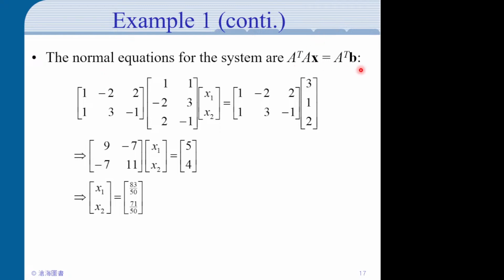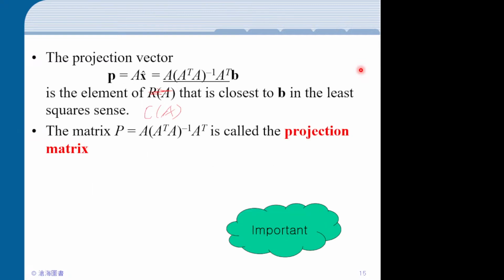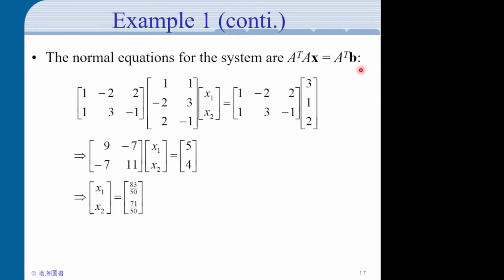A way to memorize this is to think that it is just Ax = b, but you multiply Aᵀ on both sides. So Ax = b, then multiply Aᵀ on both sides. And so you can calculate AᵀA here, and this will be the matrix [9 -7; -7 11].